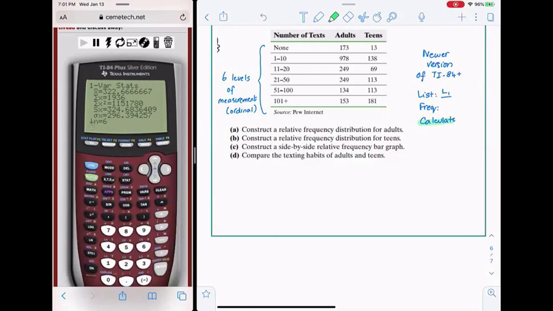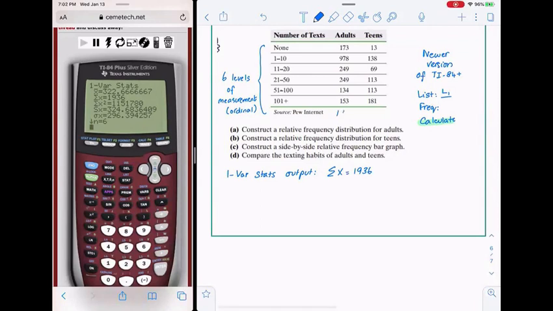In the second row, we have 1936. So the sum x that you see in the second line simply is the total number of adults that were in the survey.